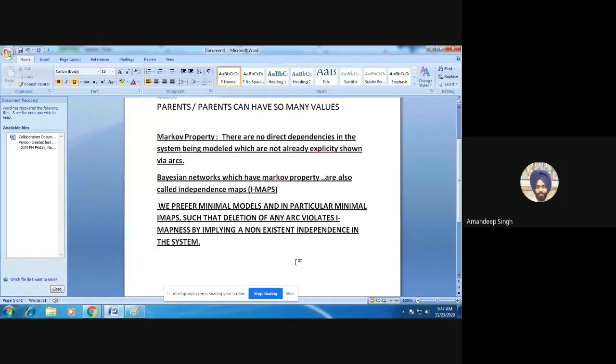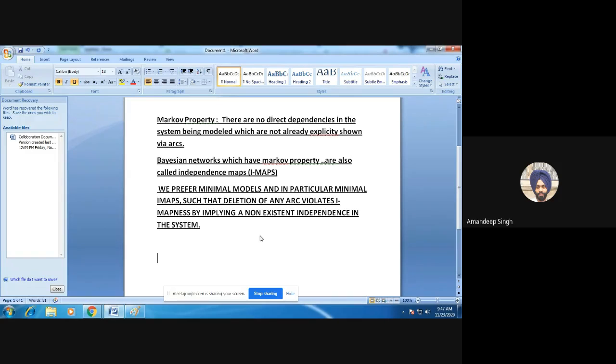And if every arc in the Bayesian network happens to correspond to a direct dependence in the system, then the Bayesian network is said to be a dependence map. If every arc in the Bayesian network corresponds to a direct dependence, then we can refer to that as a dependence map. One is the independence map, that is there is no direct relation between the two nodes; the node is happening due to the intermediate node from the source node.